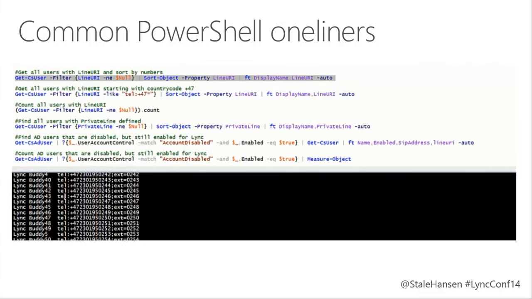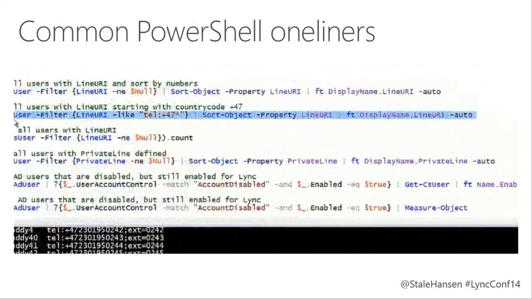And I list this using Format-Table with display name and the line URI. So here you can see that I got my users and the phone numbers that they have. That's a typical one-liner I use when I'm in the field and want to just find the numbers.